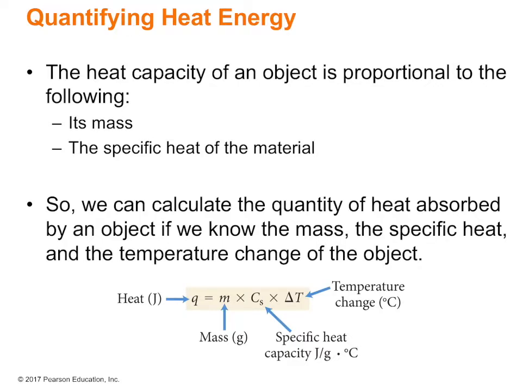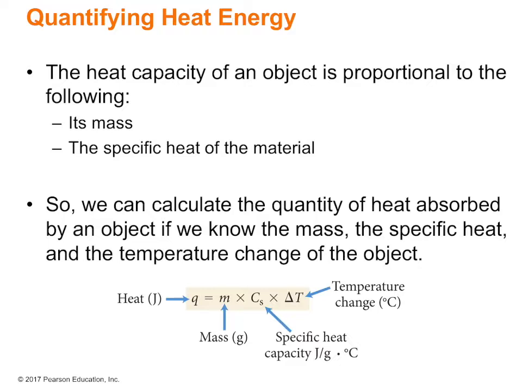Okay, so the heat capacity of an object is proportional to its mass, and it's also proportional to the specific heat of the material. So we can calculate the quantity of heat absorbed by an object if we know the mass, the specific heat, and the temperature change of the object.